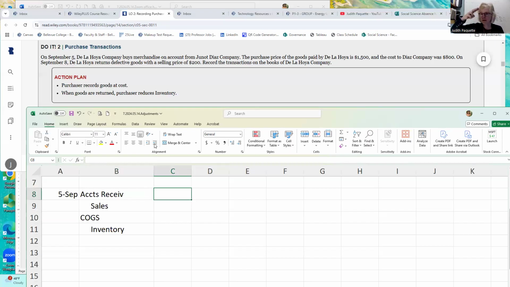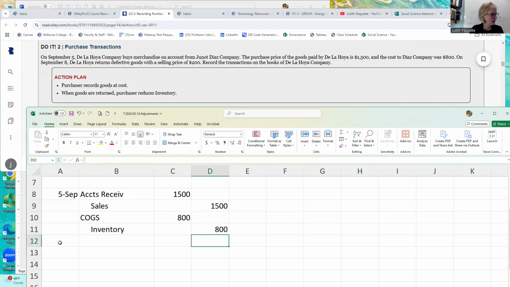Accounts receivable and sales will have the same number. Cost of goods sold and inventory will have the same dollar amount. So our sales price was 1,500, and our cost was 800.